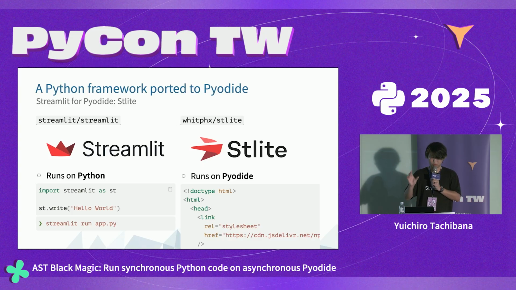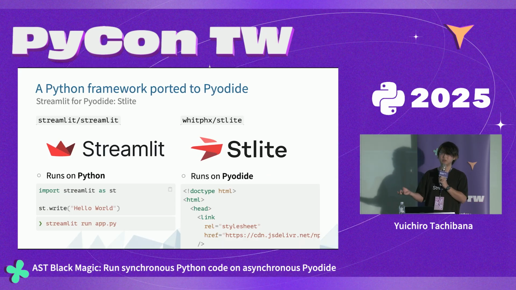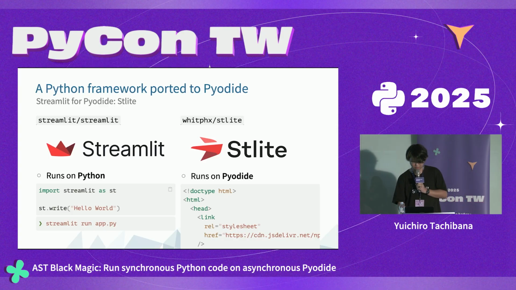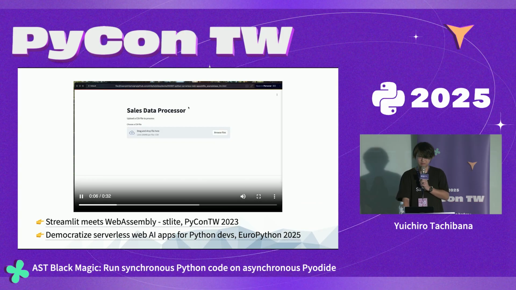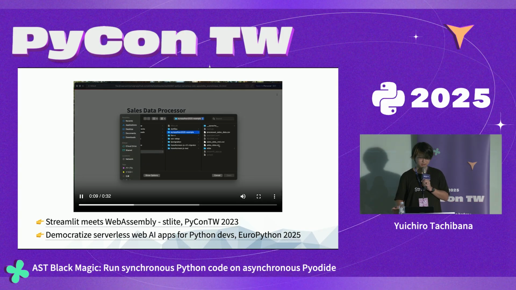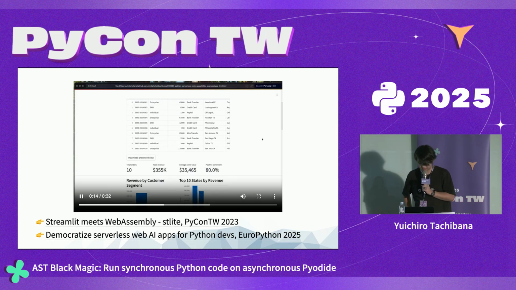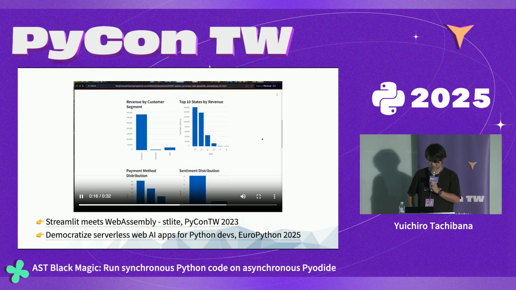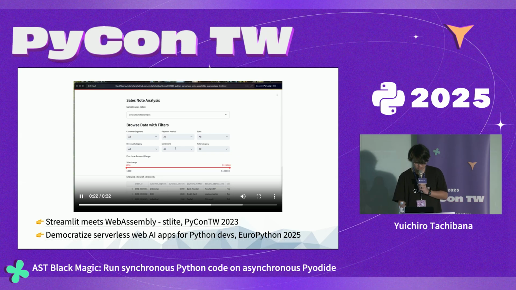I wanted to run the Python-based framework on the Pyodide runtime, so that Python-based applications can be executed inside the browser. That sounds fun. Although we will not have a closer look into the details of Pyodide, Streamlit, stlite, or whatever in this presentation, I have talked about these things at PyCon Taiwan 2 years ago, or at EuroPython this year, so please take a look at the recorded video if you're interested.